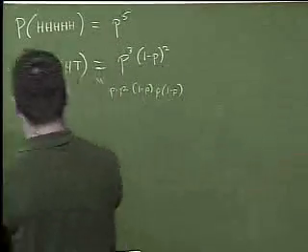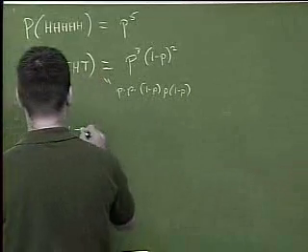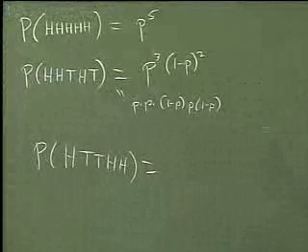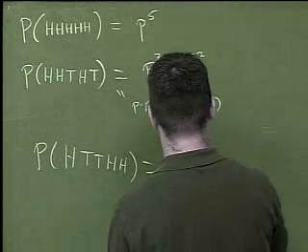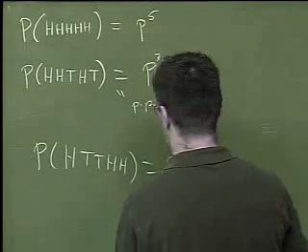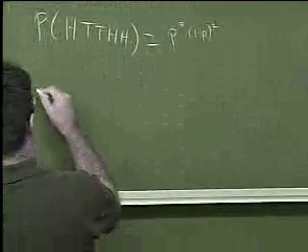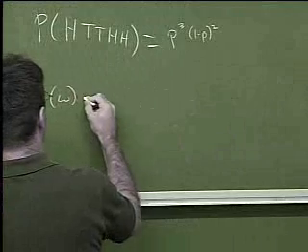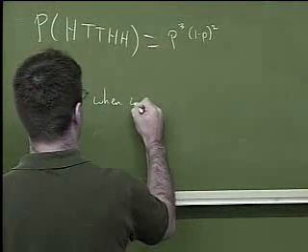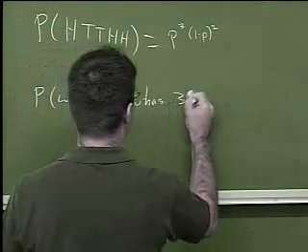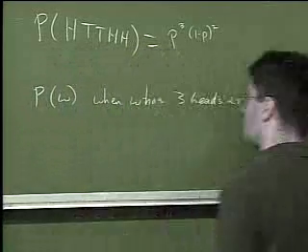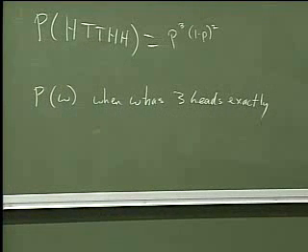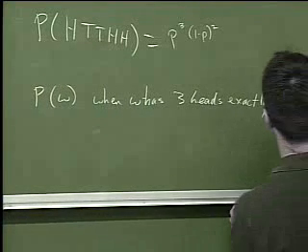What about P of HTTHH? Same thing. What about P of omega when omega has exactly 3 heads? Same thing. P cubed 1 minus P squared.